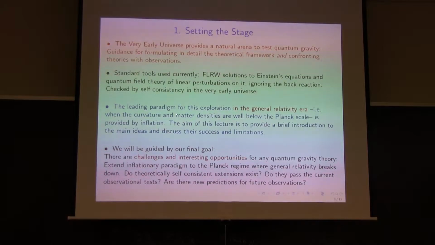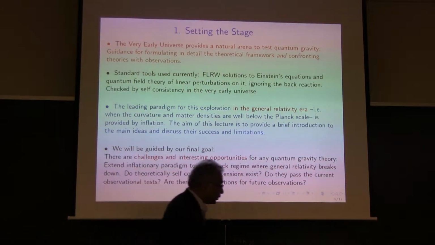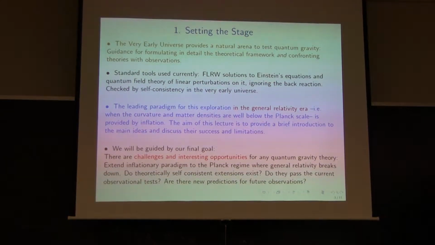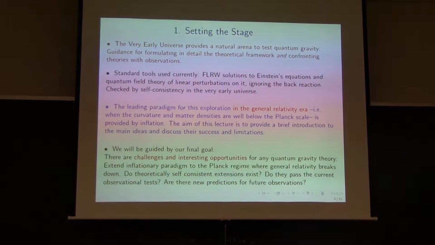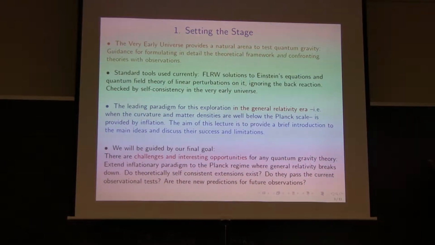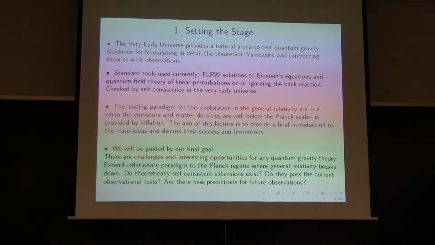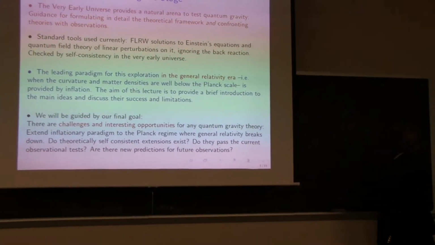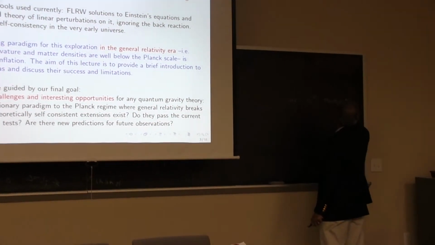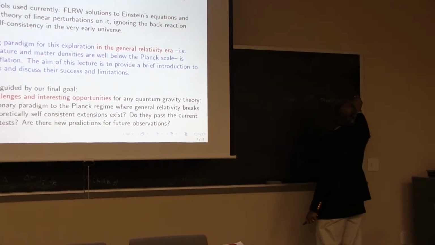The leading paradigm for this exploration is in the general relativity era. That is to say, when the curvature and matter densities are well below the Planck scale. We're going to see in some detail that at the inflation level, the spacetime curvature is about 10 to the minus 12 times the Planck curvature, which is about Planck length to the minus 2.